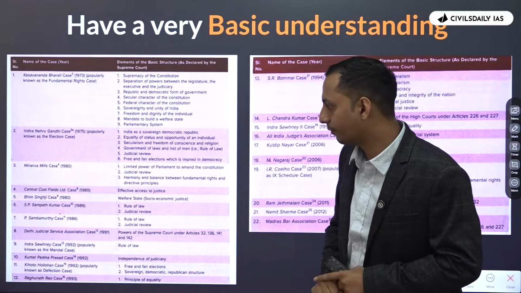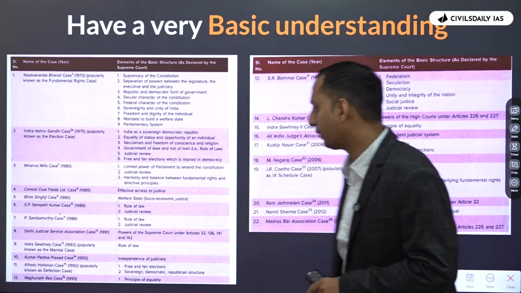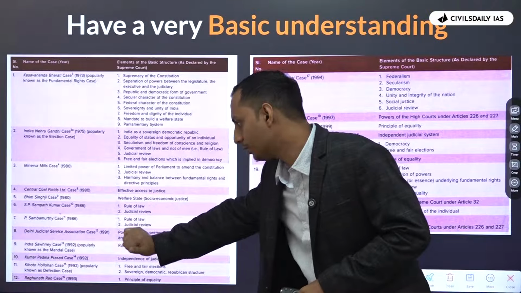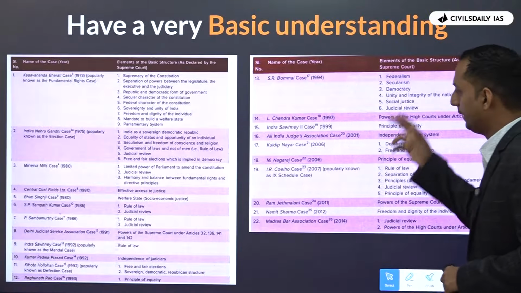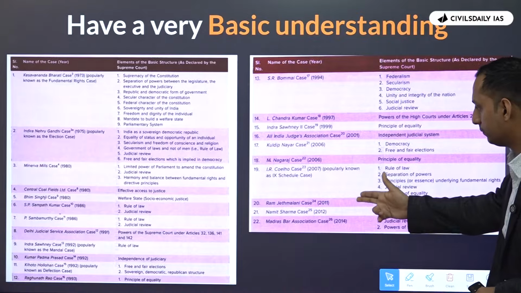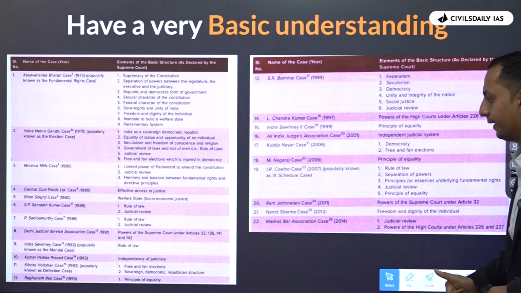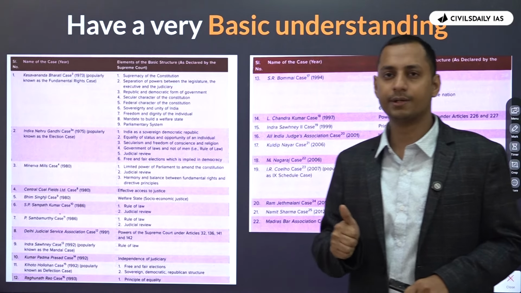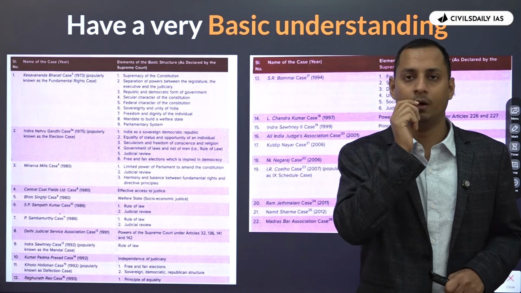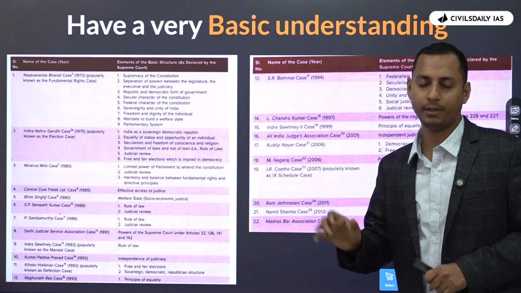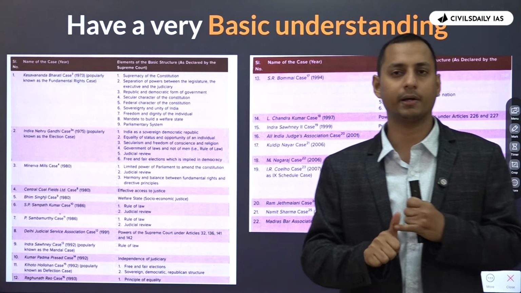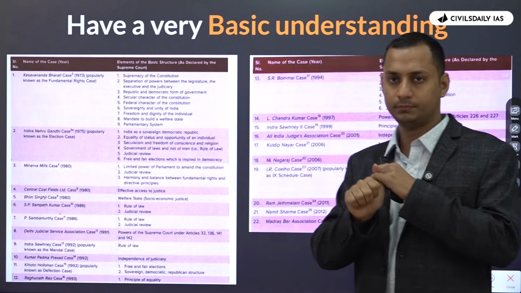Minerva Mills case you can read. Then the most important would be the Indira Sawhney case, rule of law, Coelho case, most important here. S.R. Bommai, I.R. Coelho case. Okay, only this much is enough. Do not memorize the whole 22 judgments here. Not at all relevant. Only go through a bit regarding the important judgments only. Okay.